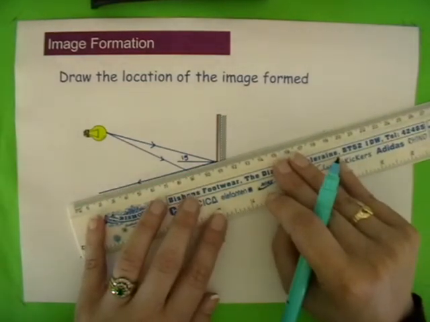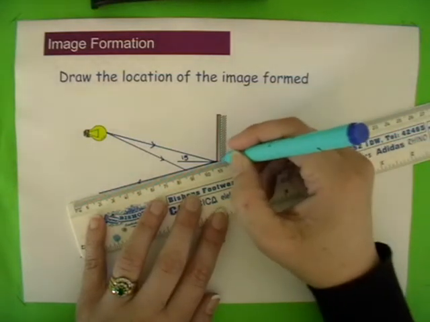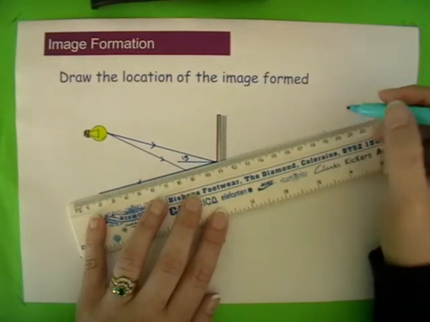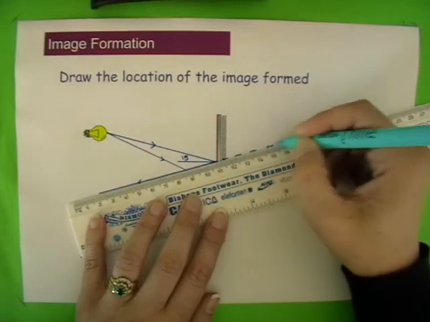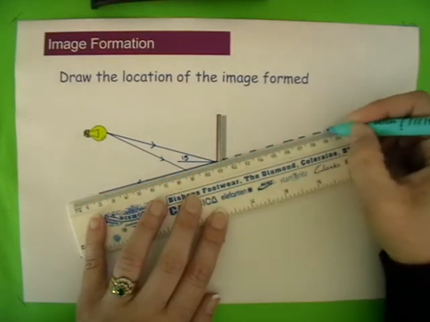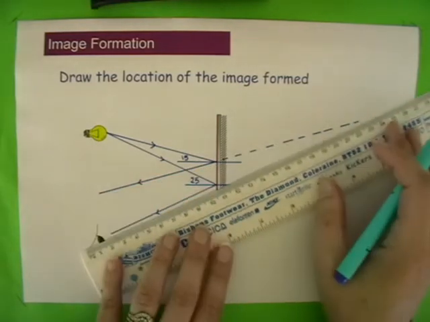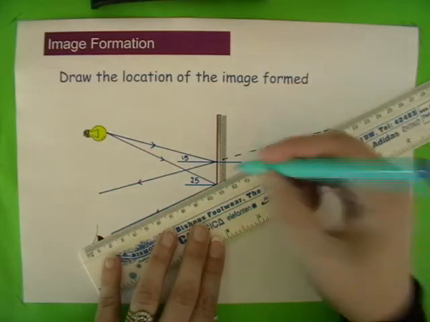We set the ruler on the first reflected ray, and we continue the reflected ray behind the mirror, but because it's a virtual image, as we discussed earlier, we use a dotted line and continue that quite far back. We then follow the same process for the second ray.